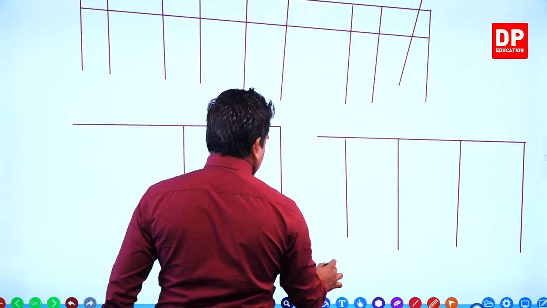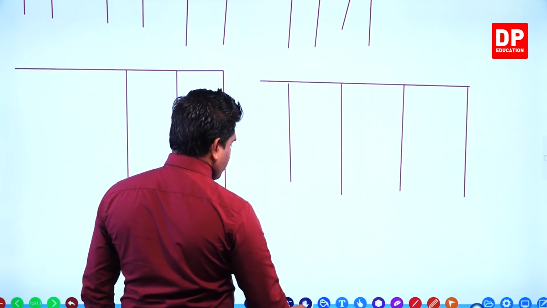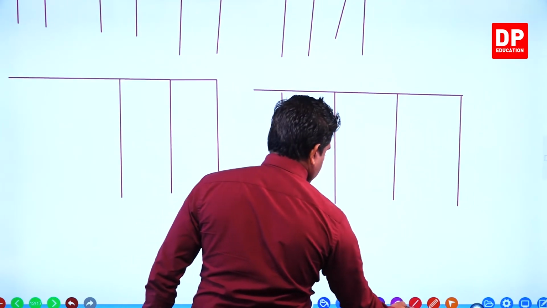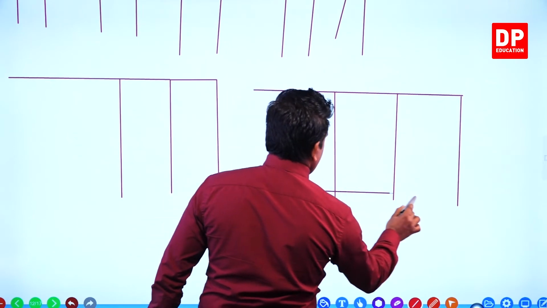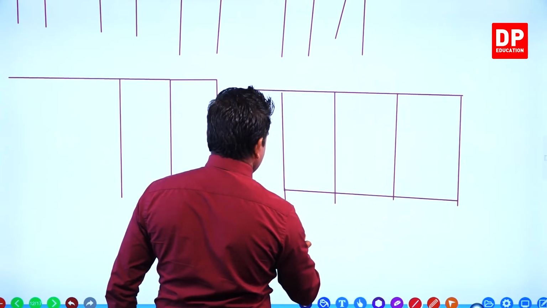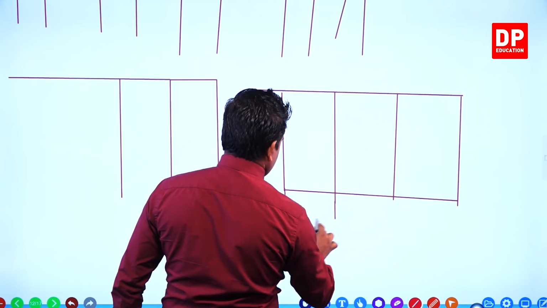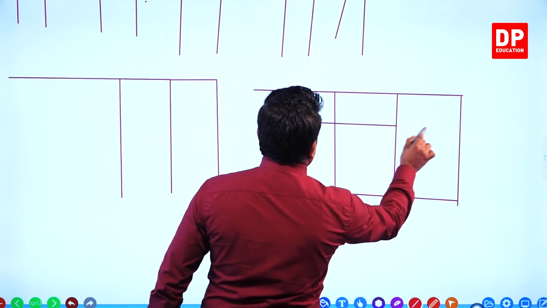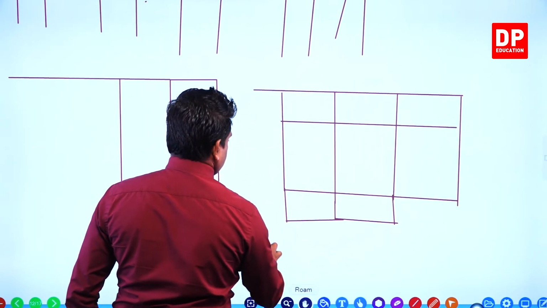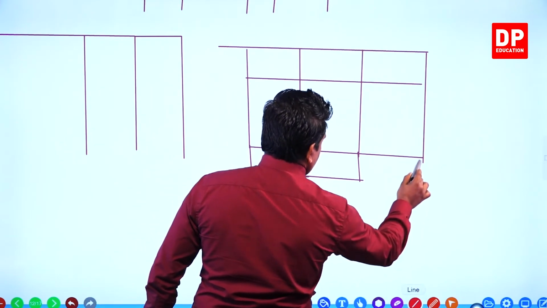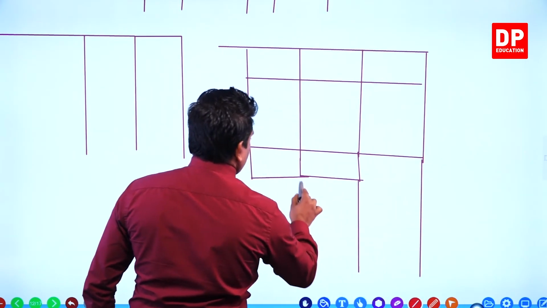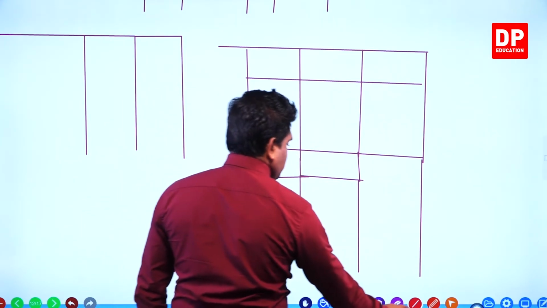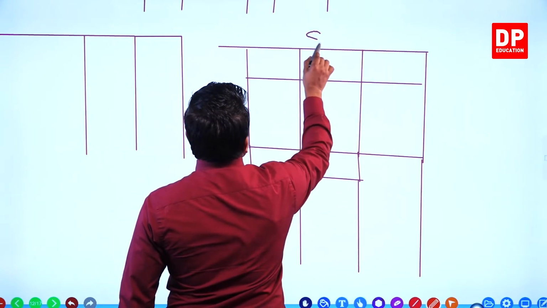Here non-current assets area, and you need current assets area and current liability area. Okay, this is the statement of financial position.